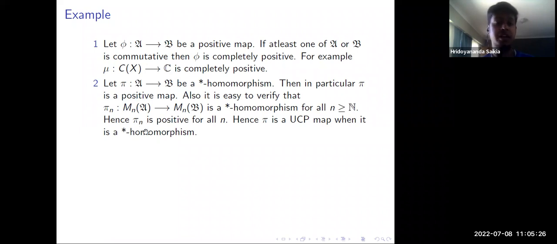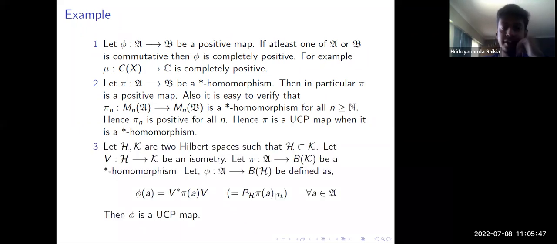That means pi n is positive for all n, and that's why pi is actually completely positive. Okay, so whenever we are given a star homomorphism, it is a positive map. In fact, it is a completely positive map. All right. Here is an interesting example, and this example is very important for context.